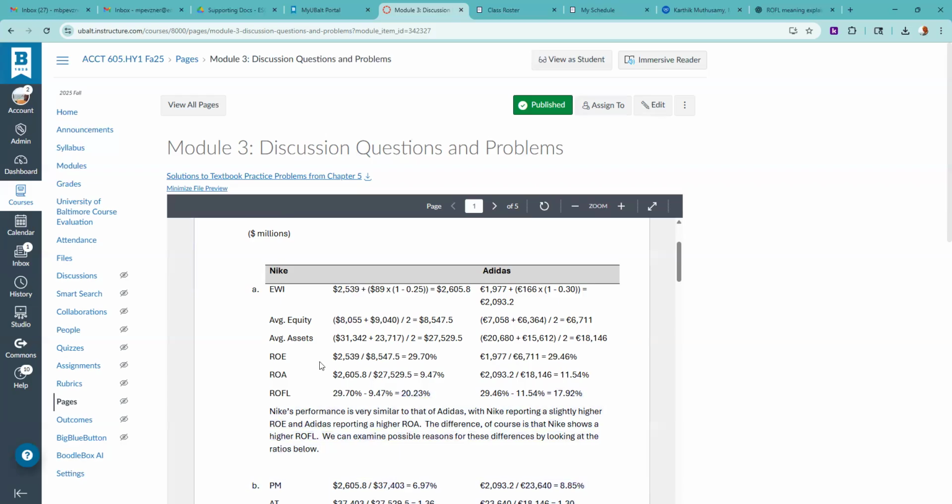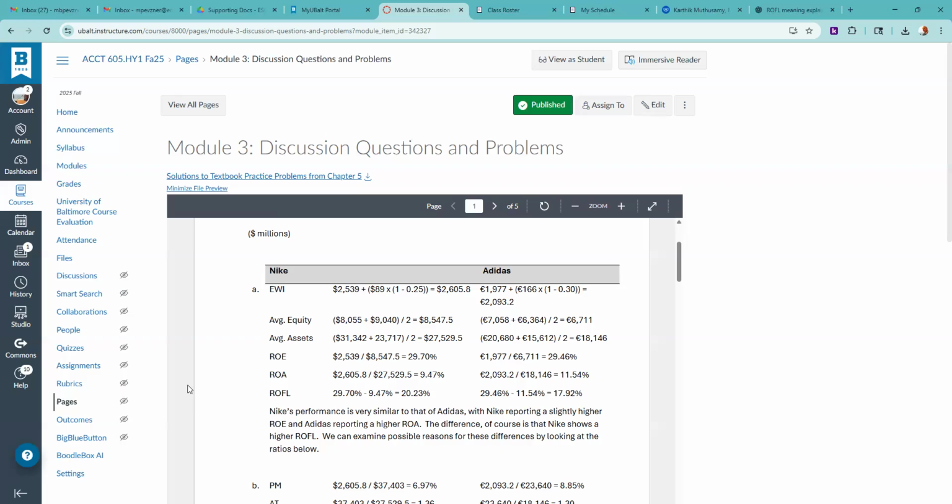It's the difference of ROE minus ROA. It's 20.23%. Now, what you judge from that is, one could argue that the ROFL measures the degree of distortionary effect, if you will, of using ROE. That's why ROA is a less biased metric.